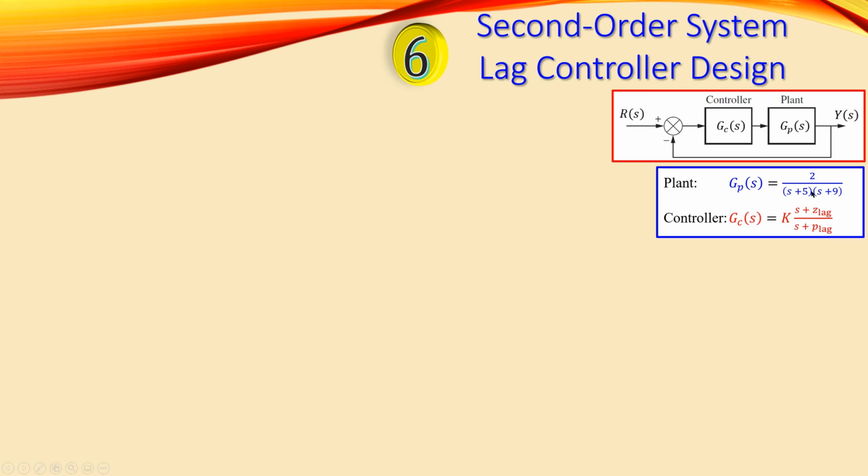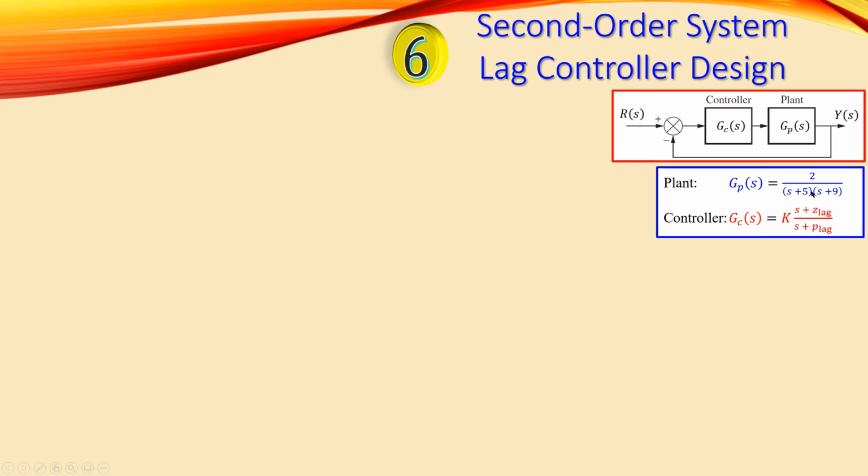And the controller is given by this expression, which is k, the controller gain, times (s plus z lag), which is the zero of the lag controller, divided by (s plus p lag), which is the pole of the lag controller. We need to determine, of course, these three parameters of the lag controller.